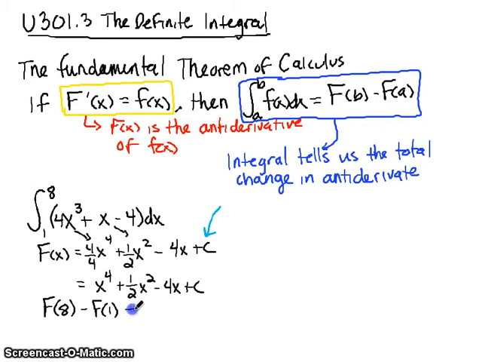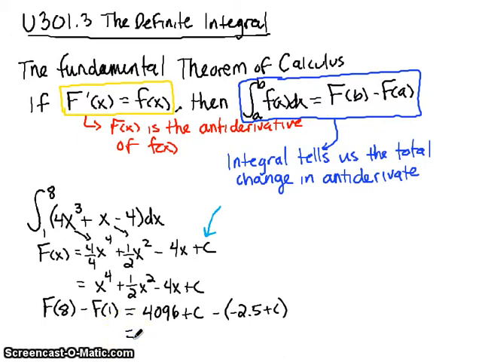So F of 8 is going to be 4096 plus c, minus, and if we put F of 1 in parentheses, we get negative 2.5 plus c. So there's our fundamental theorem of calculus. We do need to simplify it a little bit.